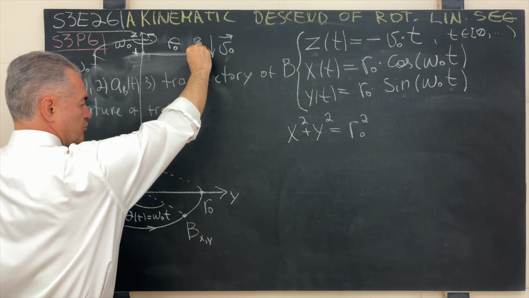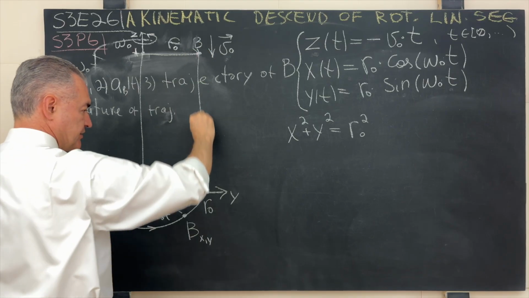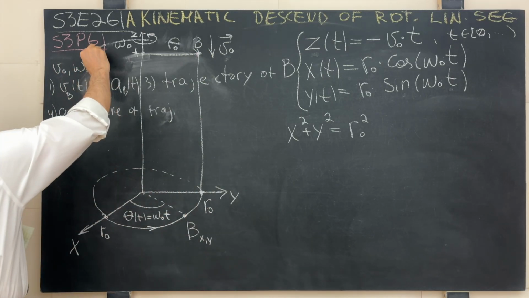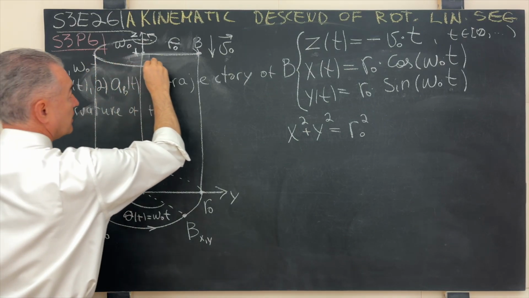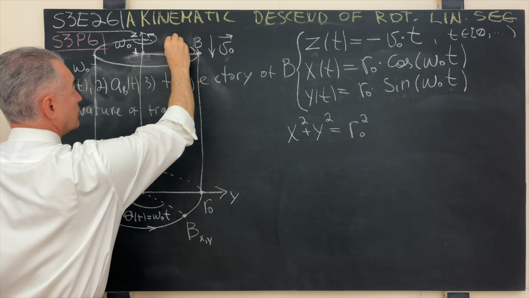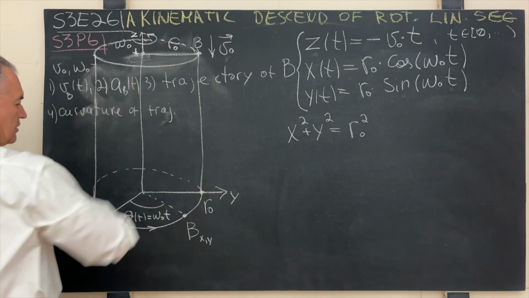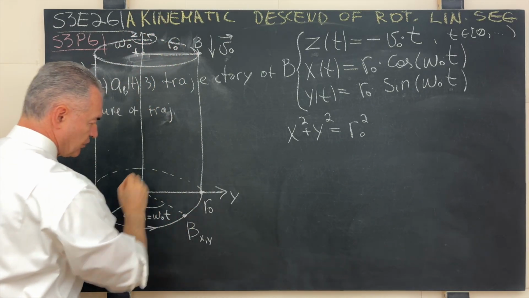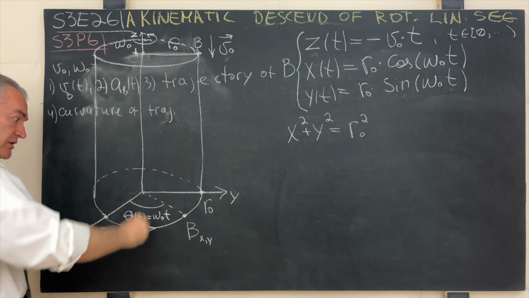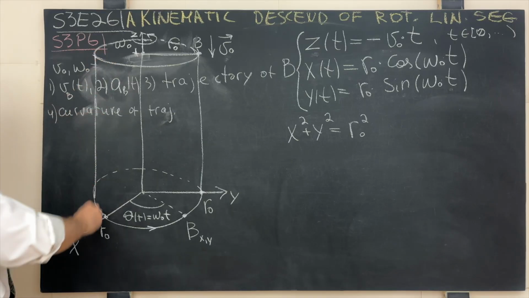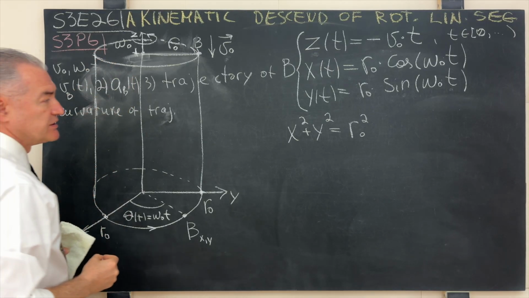So if we were to portray it somehow like this right circular cylinder, these will be the boundaries of this cylinder. The upper surface will go like this, the bottom surface will go like this, and each and every generatrix will run like so, strictly vertically, parallel to the z-axis.